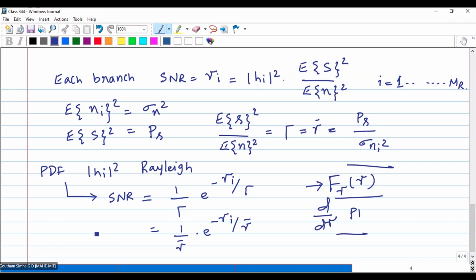Now what I am trying to explain here, this is my PDF for a Rayleigh distributed signal, and h has been distributed according to this function for all gamma_i greater than or equal to 0: 1 by gamma bar into e to the power of minus gamma_i by gamma bar. Now considering the expectation of gamma_i, that is equal to gamma bar or capital gamma, the expectation of the channel and the expectation of SNR with respect to the channel, which is what you are going to deal with.